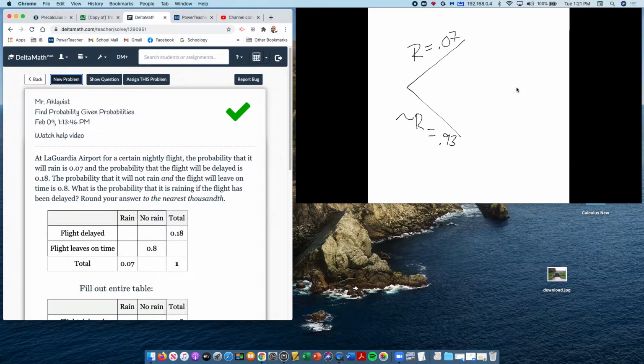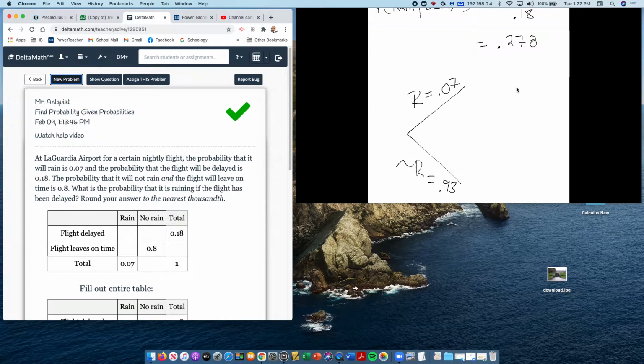So if we're doing a tree diagram, with this tree diagram we can do a little bit more. The last piece, the probability that it will not rain and the flight will leave on time is 0.8. So we'll say delayed here and not delayed here.